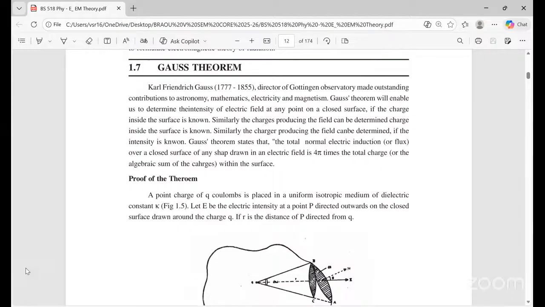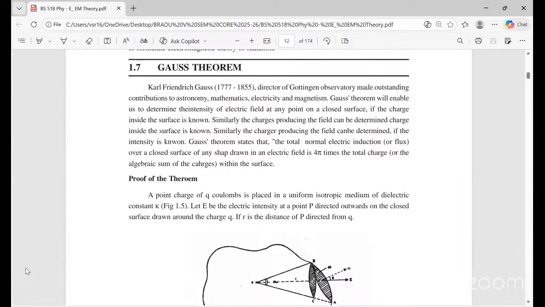So the Gauss theorem enables us to determine the intensity of electric field at any point on the closed surface. If the charge placed inside the surface is unknown, the charge producing the field can be determined, the intensity known.